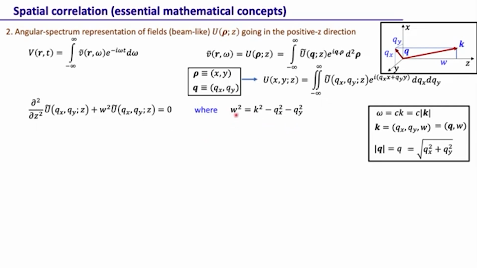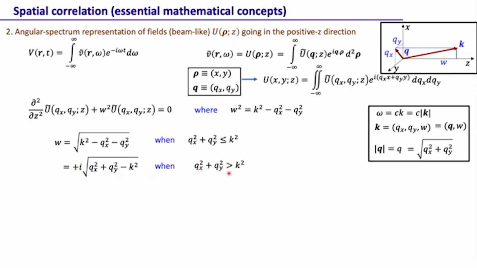Now if w square is k square minus qx square minus qy square, then what is w? w is either the square root of k square minus qx square minus qy square if qx square plus qy square is less than k square, and it is equal to i times the square root of qx square plus qy square minus k square if qx square plus qy square is greater than k square. So these are the two conditions that we can actually have.